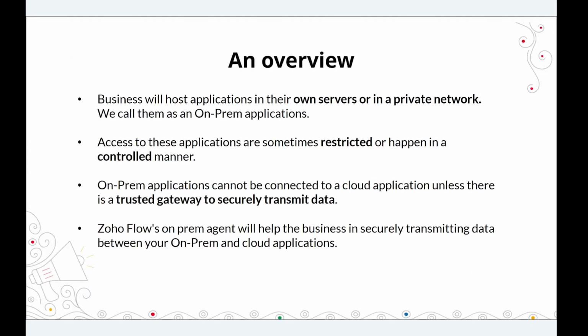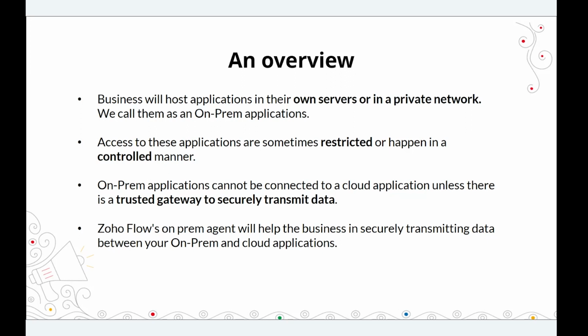So what is an on-prem application? Some businesses have a requirement to set up their own applications in a server, in a private network, or in a local machine. We usually term them as on-prem applications. Mostly, access to these on-prem applications is restricted.